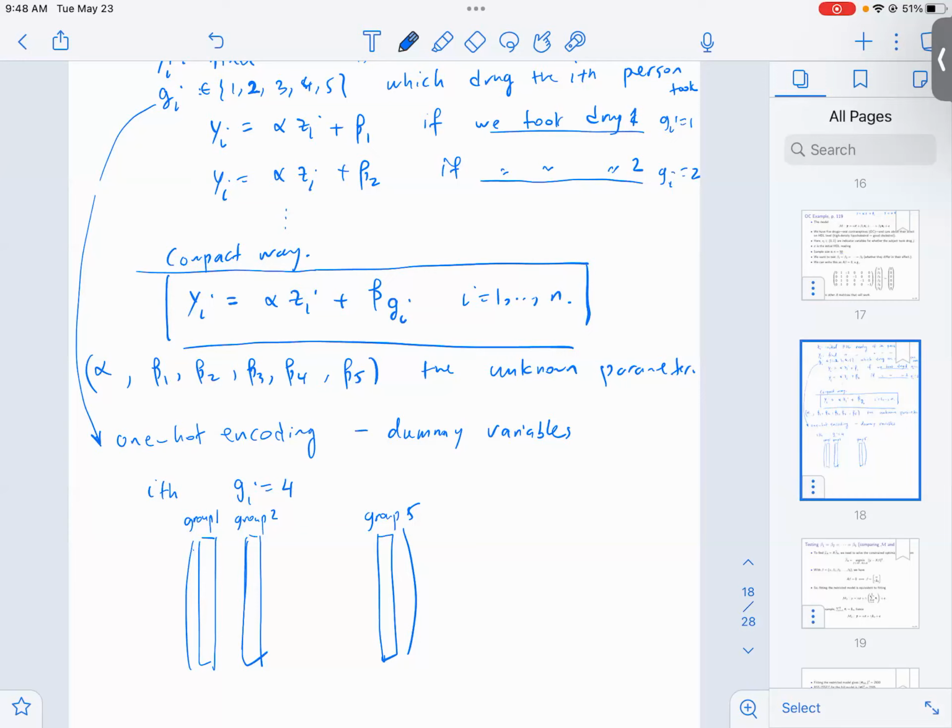All the people in group 2 have 1s in this column and 0 everywhere else. It's easier to look at it as rows. So if I am in the ith row, I would have 5 elements, 1, 2, 3, 4, 5. So if the ith person is in group 4, what would this row be?